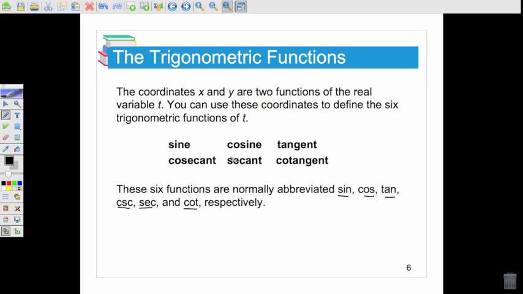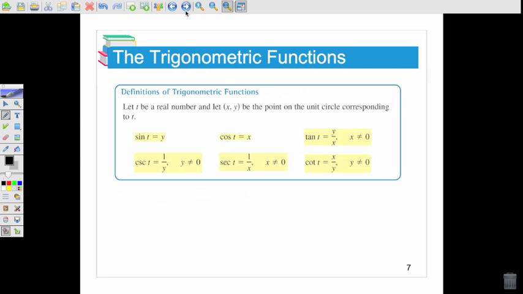The first way that we're going to look at them is as xy coordinates on that unit circle. Okay, now you might be used to seeing sine, cosine, or tangent involved with triangles, and we'll go into that in the next section. But for right now, we just want to look at how these things relate to a circle with a radius of 1 centered at the origin. Okay, and it happens that they relate in terms of the x and y coordinates of a particular point on that circle.